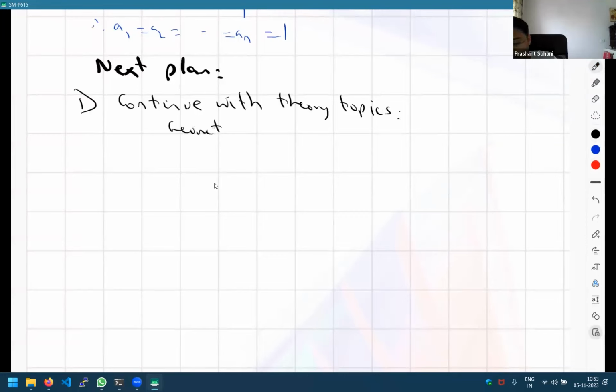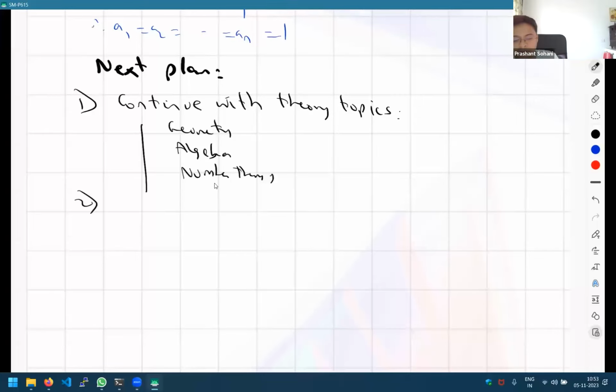We have not looked at other topics. So there is algebra, number theory, etc. We have a lot of theory to cover. But when we are doing the theory, we'll go away from problem solving a little bit. We'll focus more on the theory. We'll of course do problems on that topic, but they will not be contest problems.